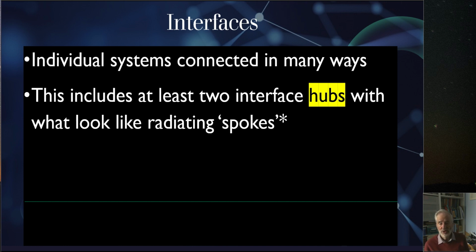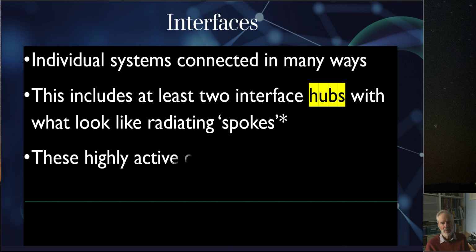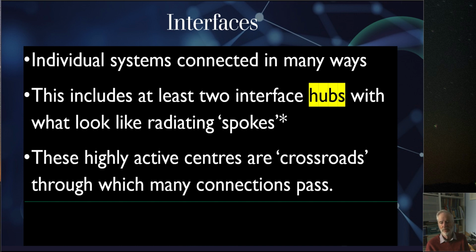Not all systems have many connections, but these two particular systems that I'm about to talk about are definitely hubs with lots of radiating spokes, as we shall see. And these highly active centres form a sort of crossroads through which many connections pass. This I'm going to show you in a second.